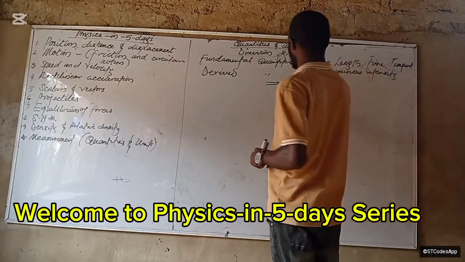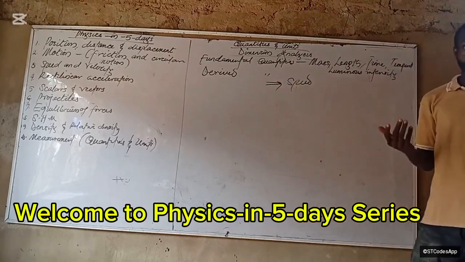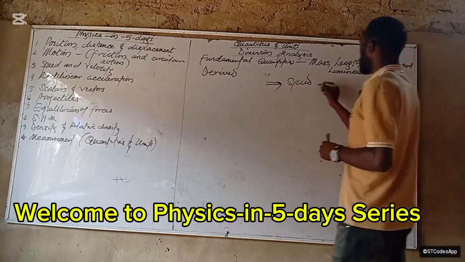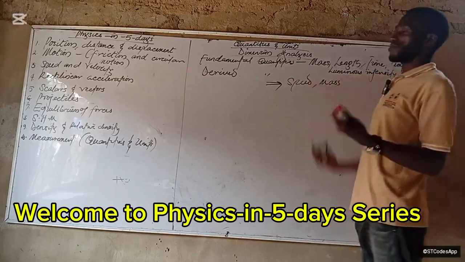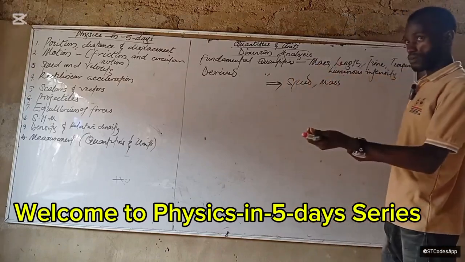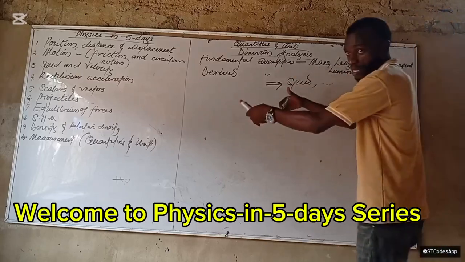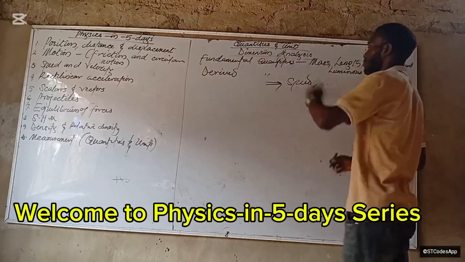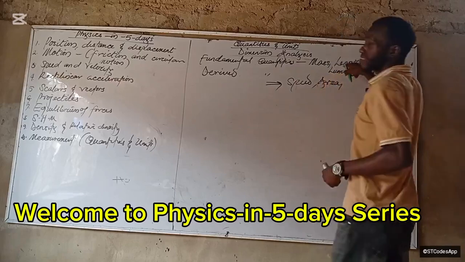We are going to be starting from number 10, the 10th topic. Then we'll proceed upward to position and then continue to 9, the 9th topic. So the first thing we discussed is the fundamental and derived quantities.